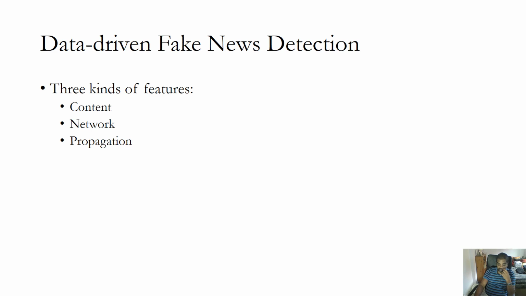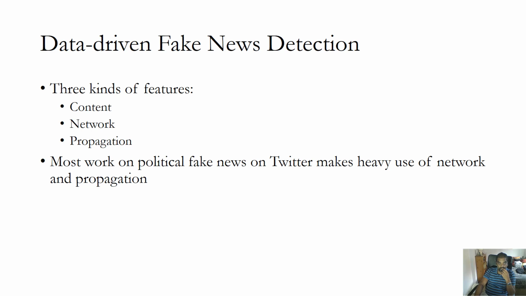If you go forward, most work on political fake news on Twitter makes heavy use of network and propagation features, and that is expected because Twitter has a very sparse content footprint. It allows only 140 to 280 characters in a tweet and so on.